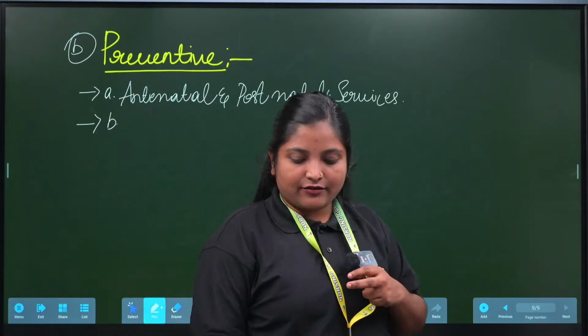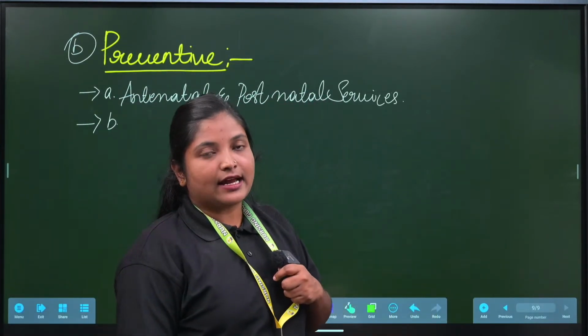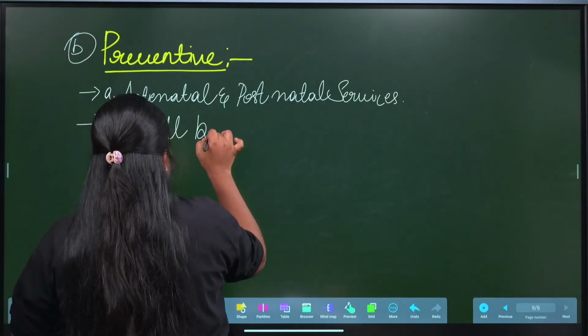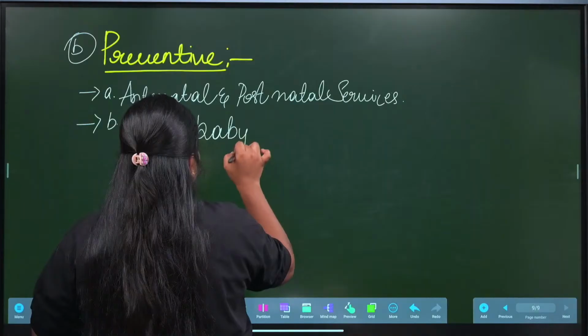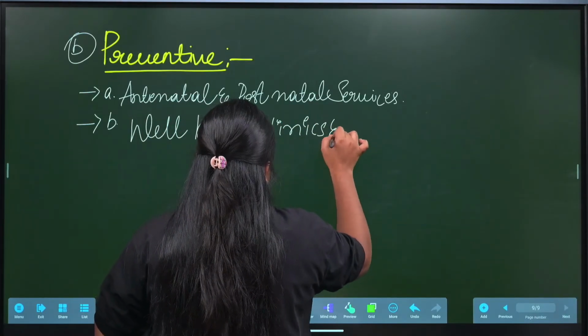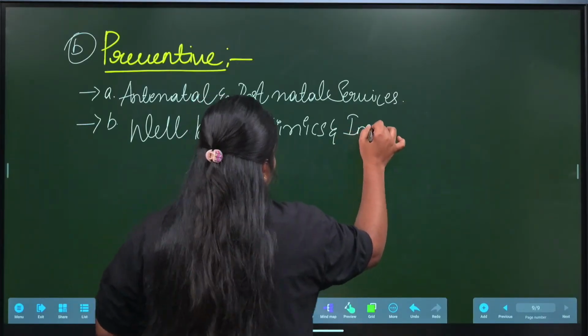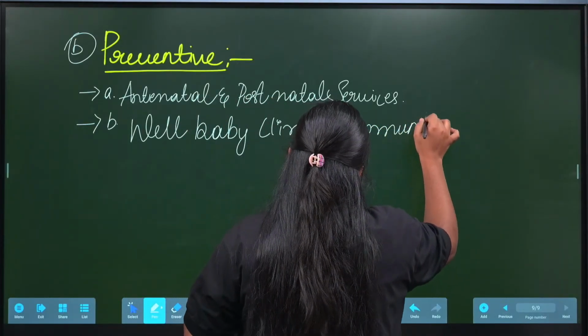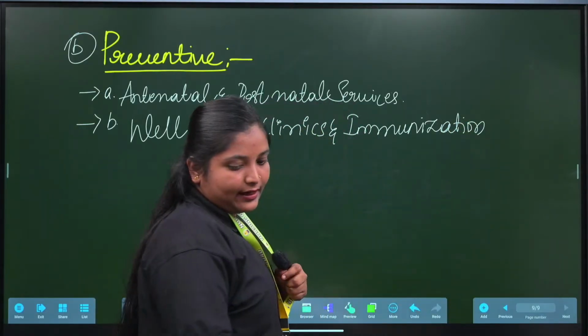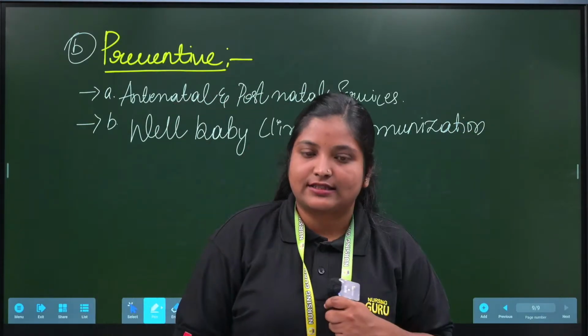The second one is well baby clinics and immunization, and the next one is family welfare services.